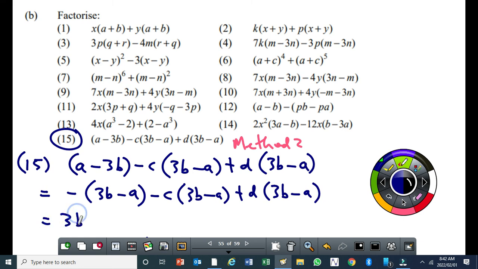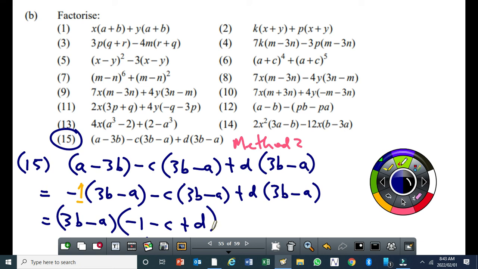So this will be 3b minus a times. Now here we have an invisible negative 1. So when I write my second bracket, I'll start with minus 1, then followed by minus c plus d. If you want as well, you can put this minus 1 at the end of the second bracket so that it becomes minus c plus d minus 1, which is still the same.